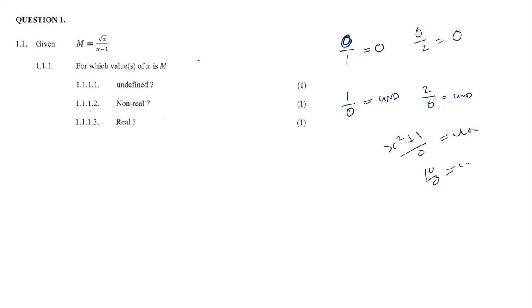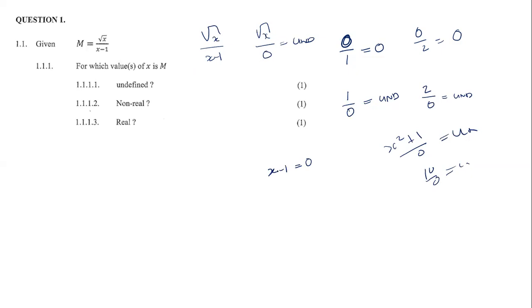So here we have a fraction that looks like this: root of x divided by x subtract 1. So that means we need something that looks like root of x divided by 0, so that we can get undefined. So let us determine the value of x that will make this denominator 0. We take the denominator, x minus 1, and we want this to be equal to 0.